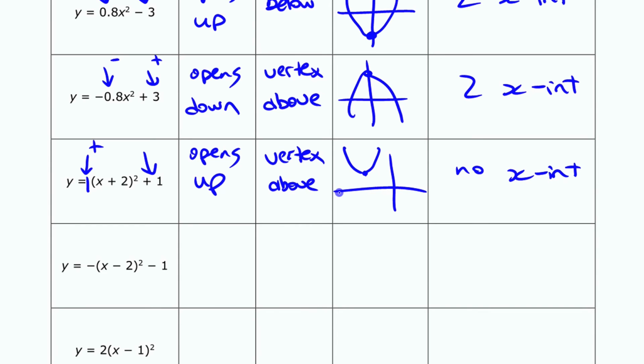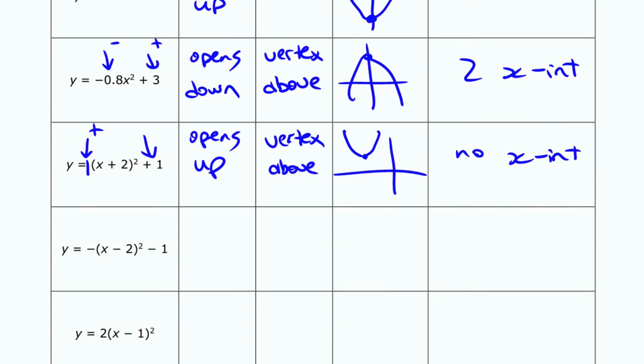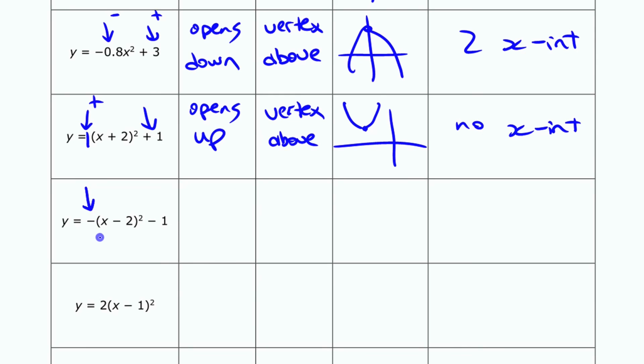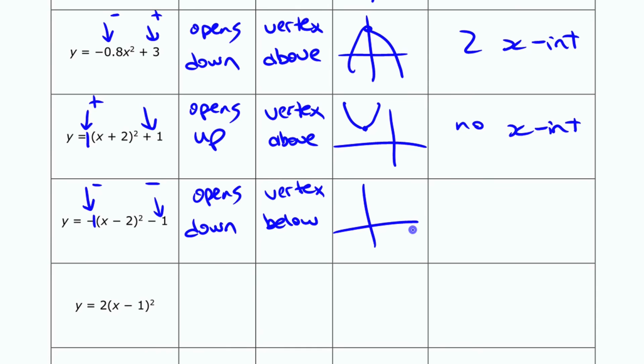Right, because the vertex is above and it opens up. This one, the a value is negative 1. It's negative, which means it opens down. And the k value is also negative, which means the vertex is below. So we have the vertex here somewhere and then it opens down from there. And you have also no x-intercepts.